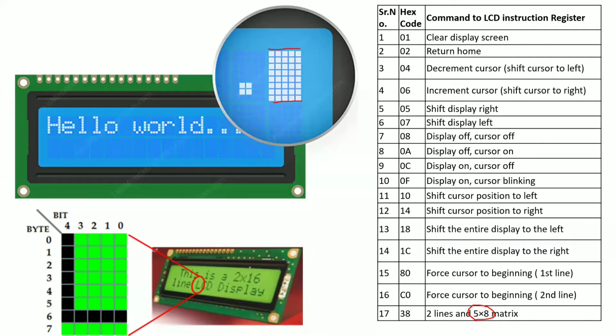Now you will get some confusion. Actually, not only these 17 commands, there are still hundreds of commands for this LCD display. You will question me, sir, how to remember all these commands?